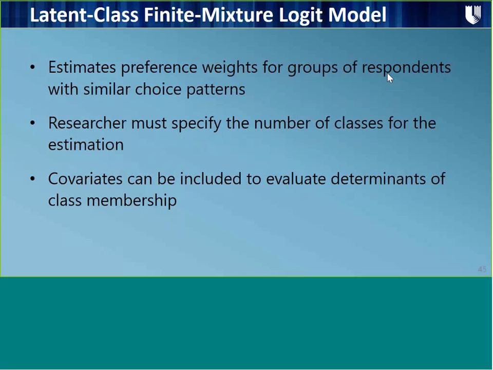Finally, you can completely forget about this idea that there is an infinite number of classes or groups out there in your sample, and you can make the assumption that perhaps there is a discrete number of groups that behave more or less equally, and that may be 2, 3, 4, 5 groups, right? And so there is this method called latent class or finite mixture logit model that in essence allows you to do that.